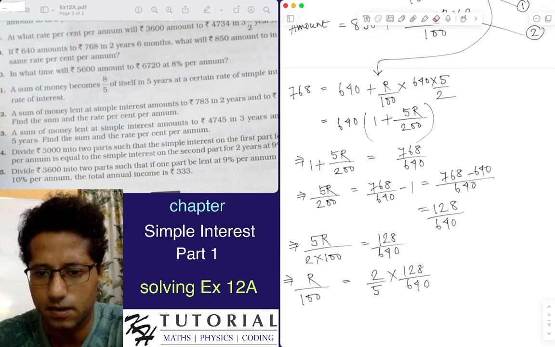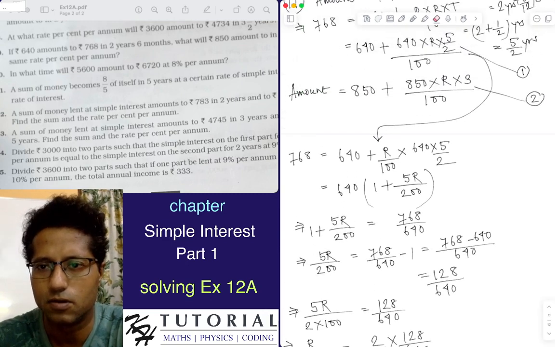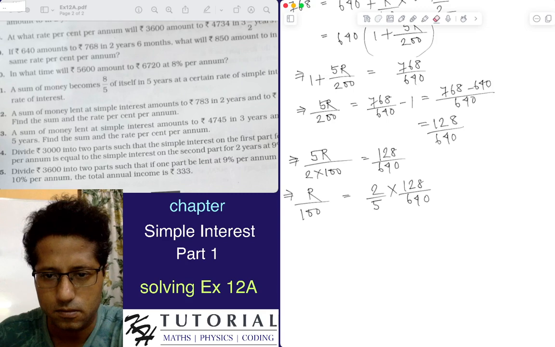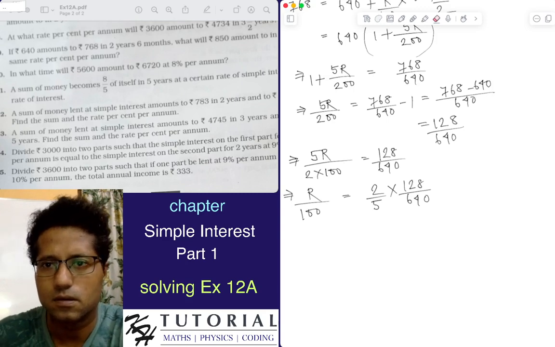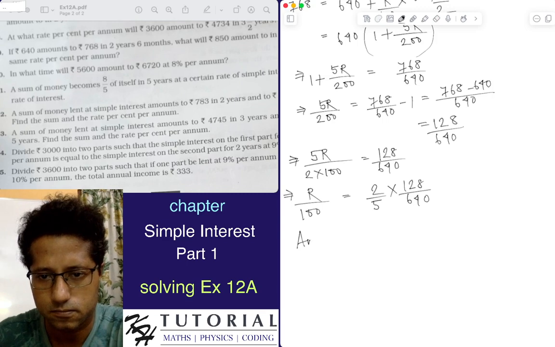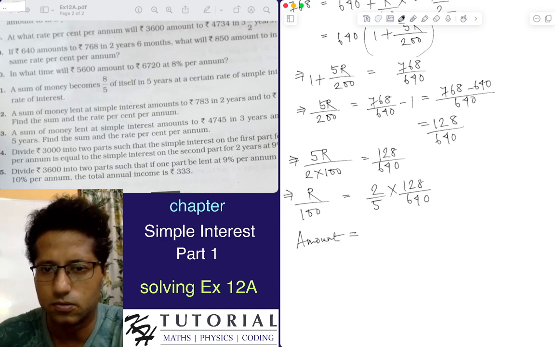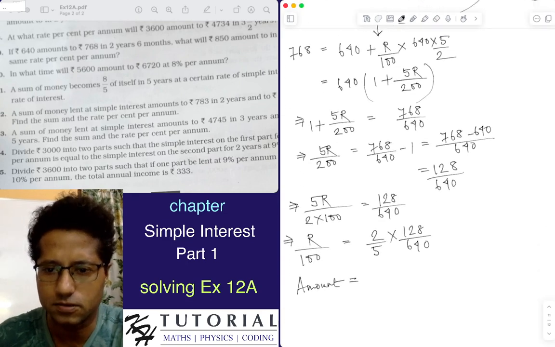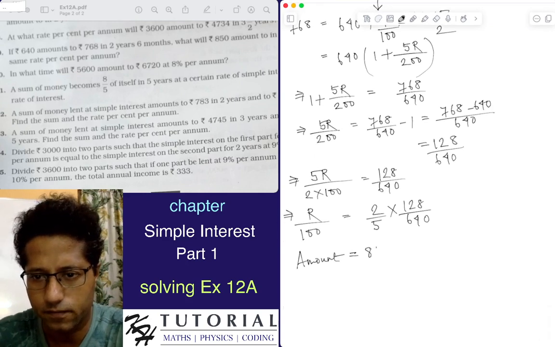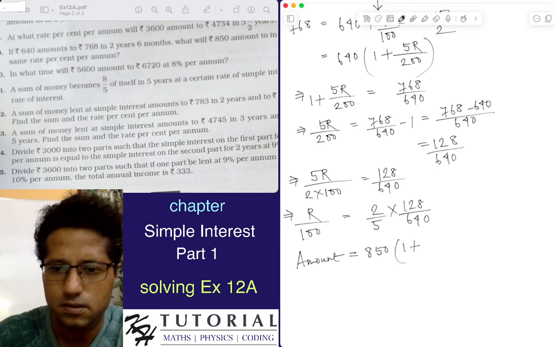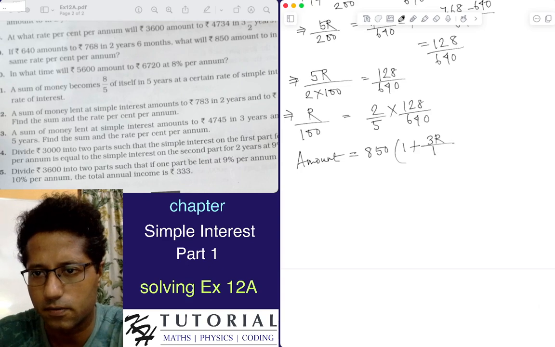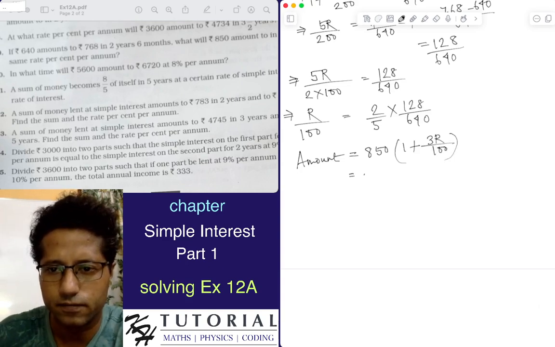Now we will put this R by 100 value in equation 2 to find the amount in the second case. So the amount is equal to, in equation 2 I will take 850 as common, this will become 850 into 1 plus 3R by 100.